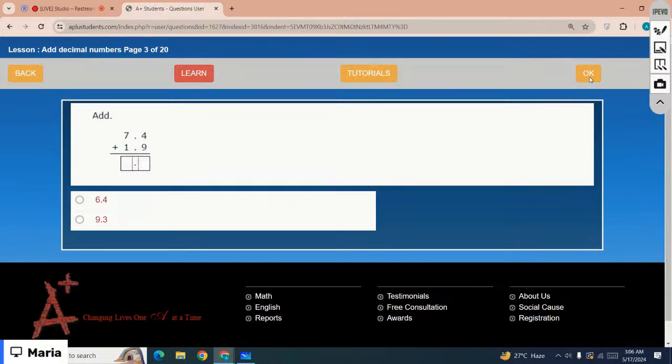Okay, 7.4 plus 1.9. Let's add. Yes, that is 9.3. Option number 2 is the correct option.